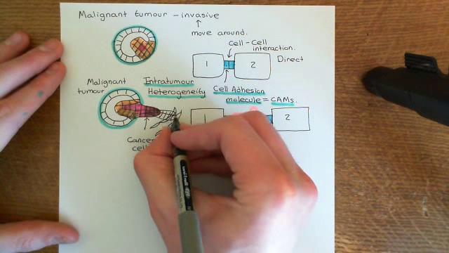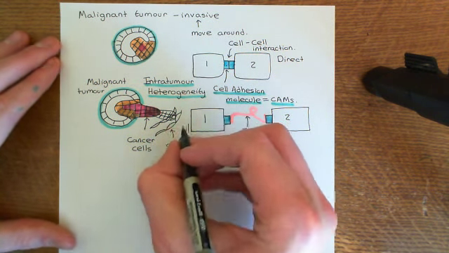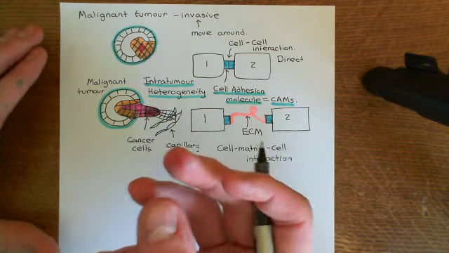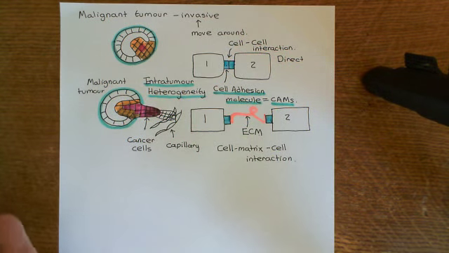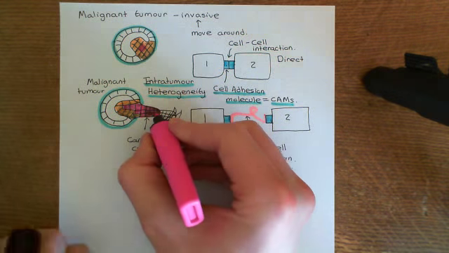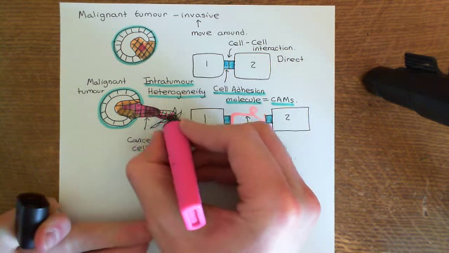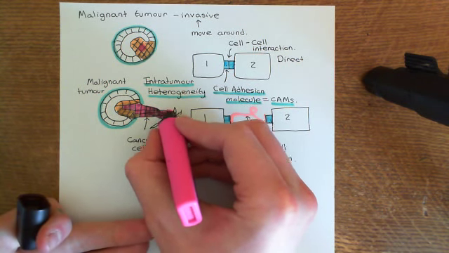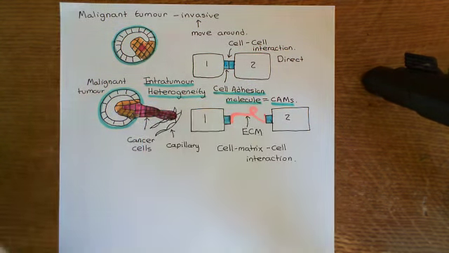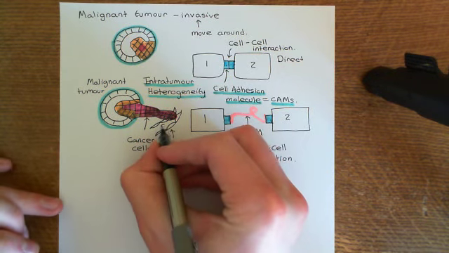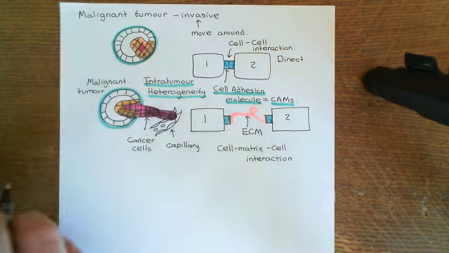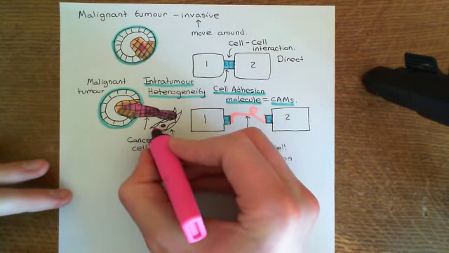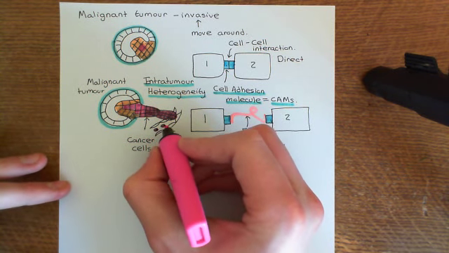Okay, and now these cells, remember, they're incredibly invasive. They're not attached. They're very mobile. Okay, so they're just going to end up getting brushed into the blood basically and carried around in the blood. Okay, so what you're now going to have is some of these tumour cells are just going to end up going into the blood. Okay, like so. And they generally go in as single cells.